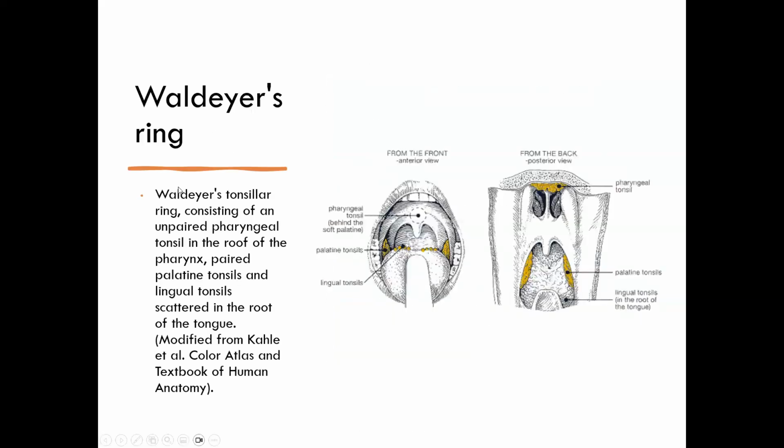Waldeyer's ring is the tonsillar ring consisting of an unpaired pharyngeal tonsil in the roof of the pharynx, paired palatine tonsils, and various scattered lingual tonsils in the root of the tongue.